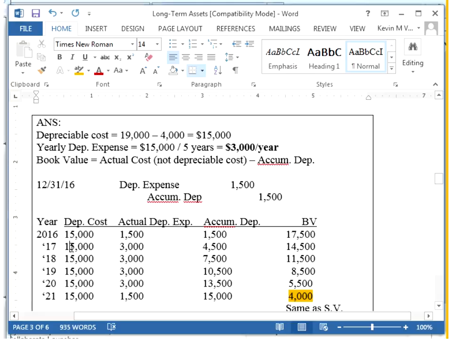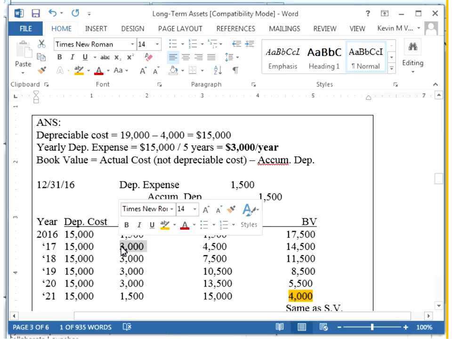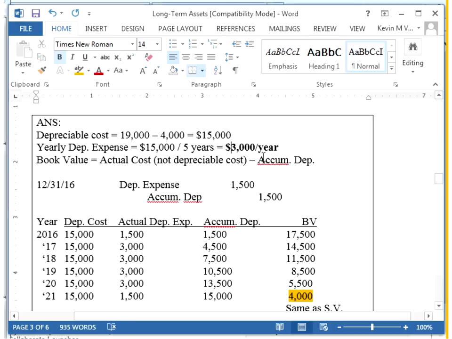Now, when I get down to the next year, in 2017, I've had the asset for the entire year. So I actually do need to depreciate the entire $3,000 that I calculated up here. So again, once I've already done this $3,000 calculation, I don't have to redo it until the very end.